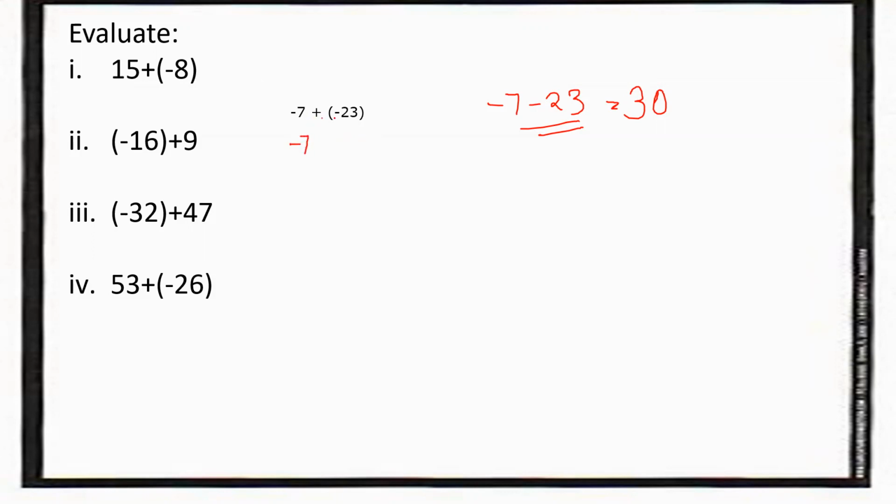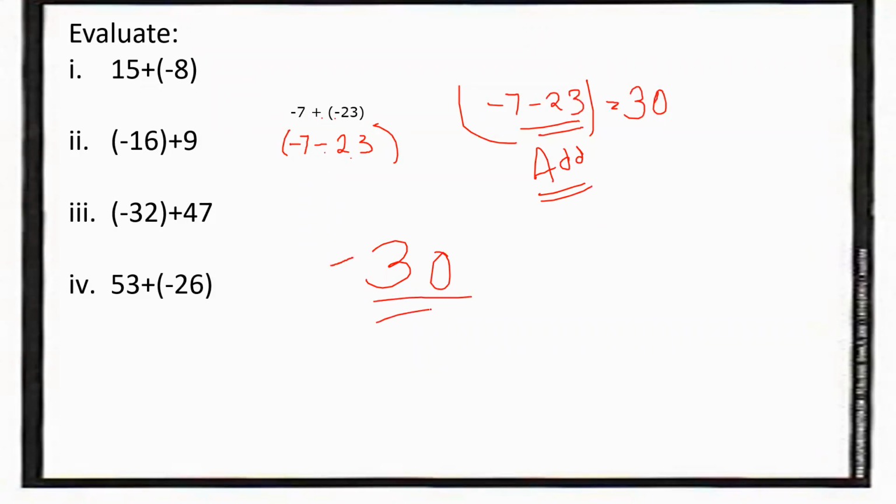Now this plus minus will be minus. Plus minus is minus, I told you. So this is the same case we got here, and we simply added and got 30. And what is the sign? The sign comes from the greater number. 23 is greater and has the sign of minus, so the sign of minus will come. It is minus, it is simple.